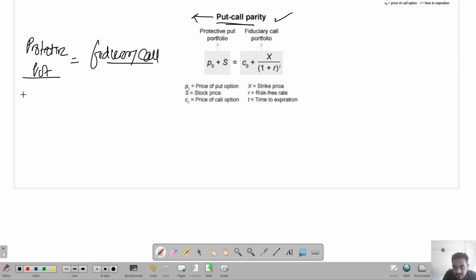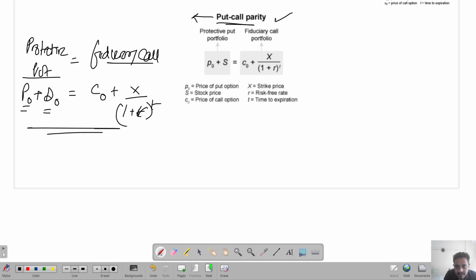That means if you buy a put option, where P0 means the premium you pay for the put option, plus you hold the stock, that means the spot, it equals buying a call option with a risk-free zero coupon bond, discounted back to today. This relationship holds for both of them together.